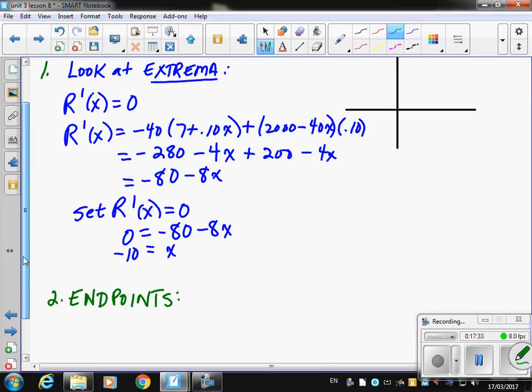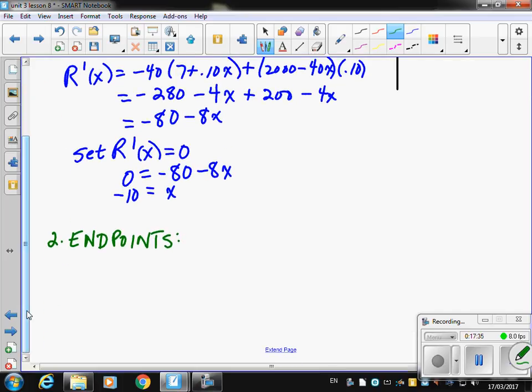So our endpoints come from the restraints that were given to us, that you had to have up to 2,600 people total, but you had to have at least 1,600. So our passengers is what was given to us. We had to have 1,600 and 2,600 passengers.